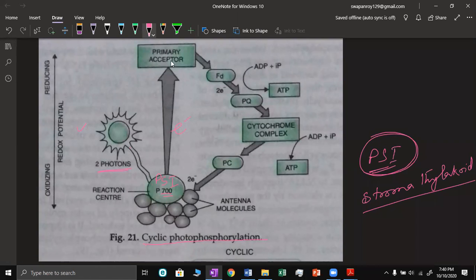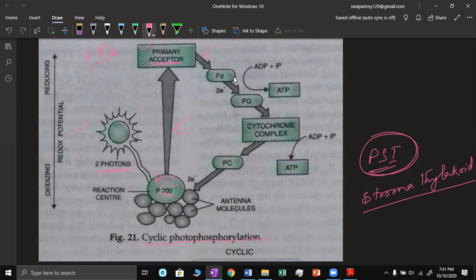Then it is accepted by some primary acceptor, sometimes also known as FRS, actually ferredoxin reducing substance, because it will pass the electron to the ferredoxin. So from the primary acceptor, the electron moves to the ferredoxin.